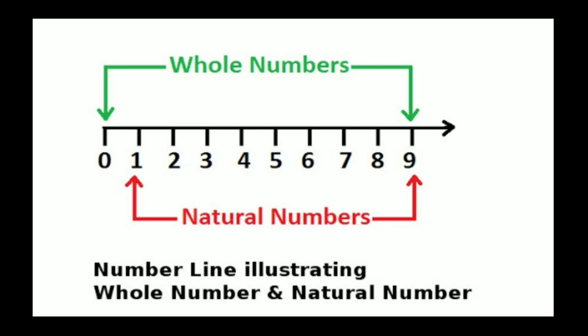He was the Indian person to discover 0 in the whole world. So there are two types of numbers we study first: natural numbers and whole numbers. Natural numbers start from 1 and whole numbers include 0. Here in your textbook it is shown that the set of all natural numbers together with 0 is the set of whole numbers.